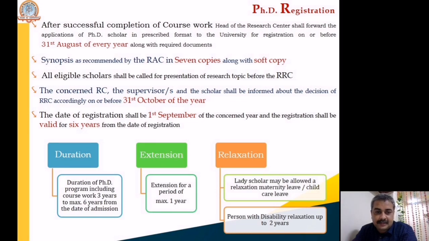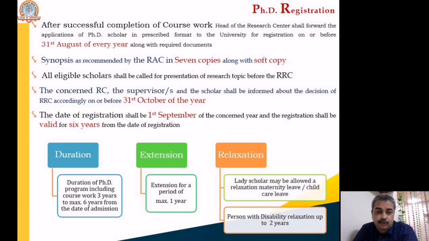The concerned research center, the supervisor and the scholar will be informed about the decision of the RRC by 31st October of the year, and the date of registration will be 1st September of that year. So now you are registered; you will receive the registration letter, and your date of registration is 1st September.